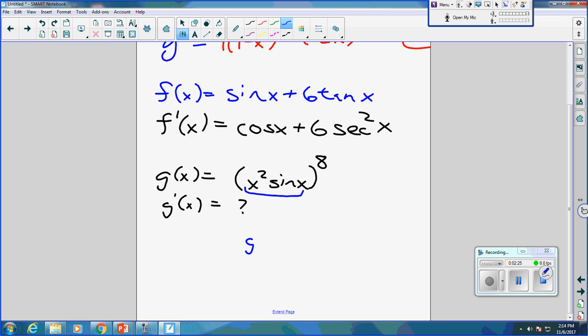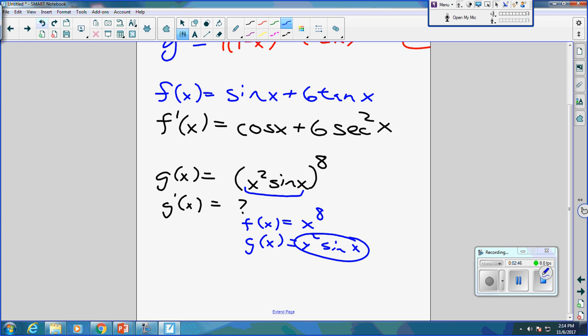And x to the 8th is f of x. When you talk about the chain rule, you have to see it's this stuff raised to the 8th power. This is f of g of x.